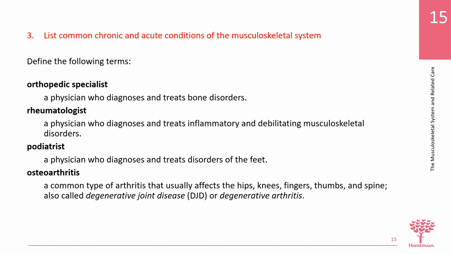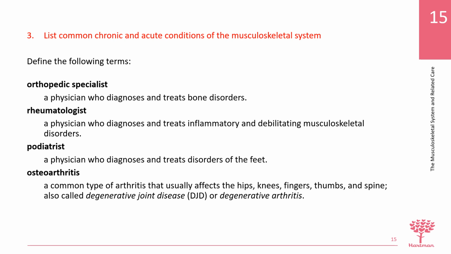An orthopedic specialist is a physician who diagnoses and treats bone disorders. So again, this is our orthopedic specialty chapter. A rheumatologist is a physician who diagnoses and treats inflammatory and debilitating musculoskeletal disorders. A podiatrist is a physician who diagnoses and treats disorders of the feet.